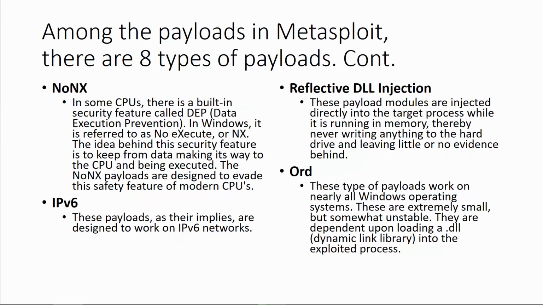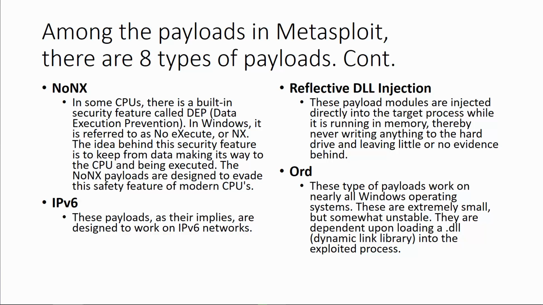The remaining ones. NX. In some CPUs, there's a built-in security feature called DEP, or Data Execution Prevention, normally in Windows. In Windows, it's referred to as the NX, or no execute, bit. The idea is the security feature keeps data from making its way to the CPU and being executed.